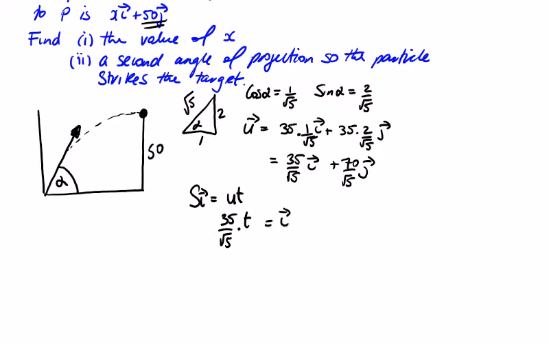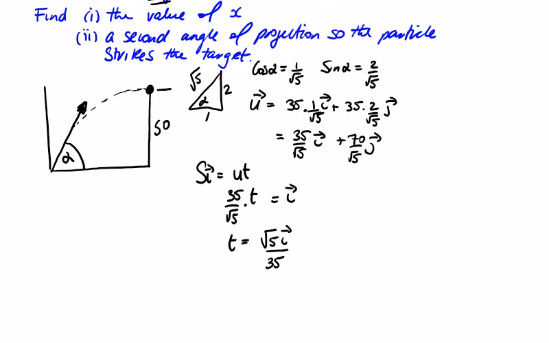So we're going to have time is equal to root 5 times x divided by 35. So we can fill this in. If that's the time it takes to strike this target, we have the distance in the j direction.